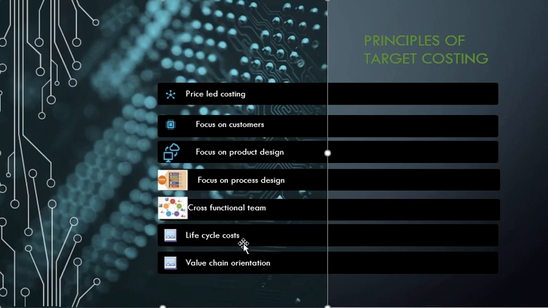Then when I speak about life cycle cost, the product life cycle should be focused on. When a product is being developed, it moves on to different levels. That is, when a product is manufactured, from the raw material conversion to the finished product, there are many processes to know the quality of the product.